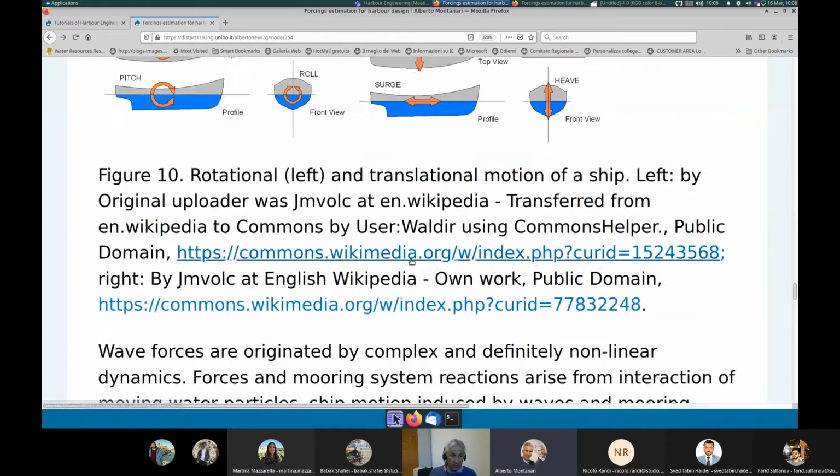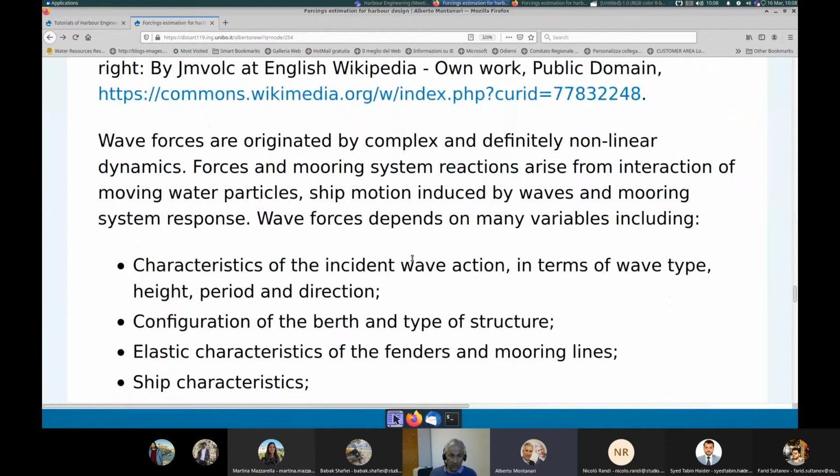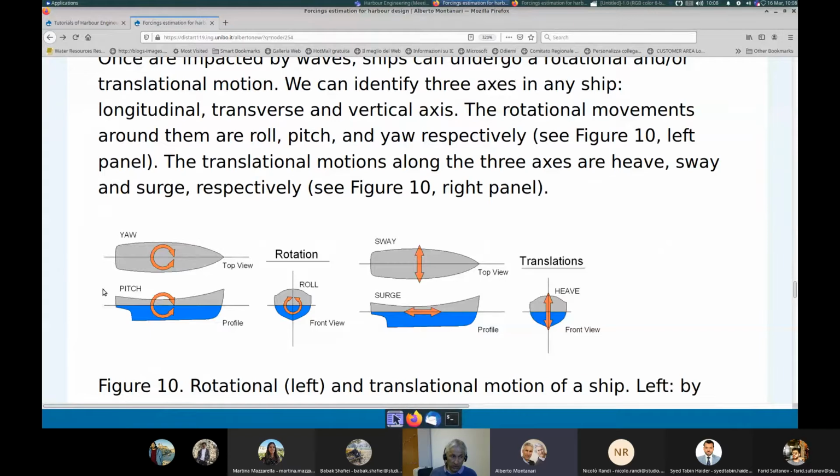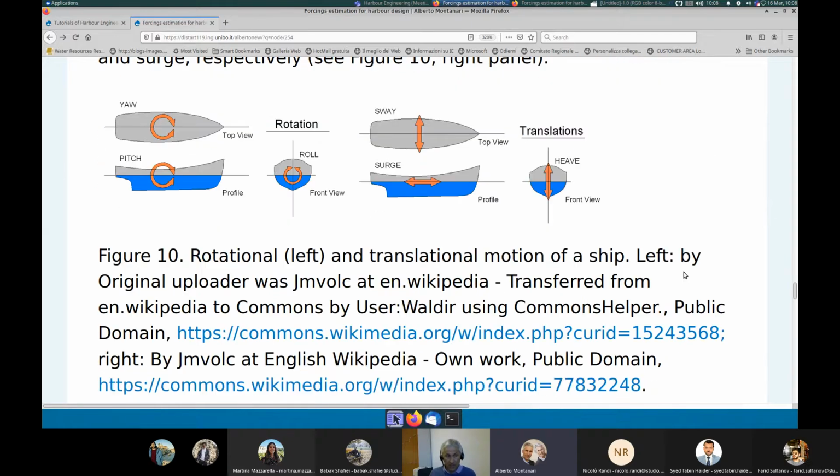Okay, now what I said is that this is a complex interaction between waves and ships with possible resonance, and we have resonance when the period of waves is comparable with the period of oscillation of the ship.